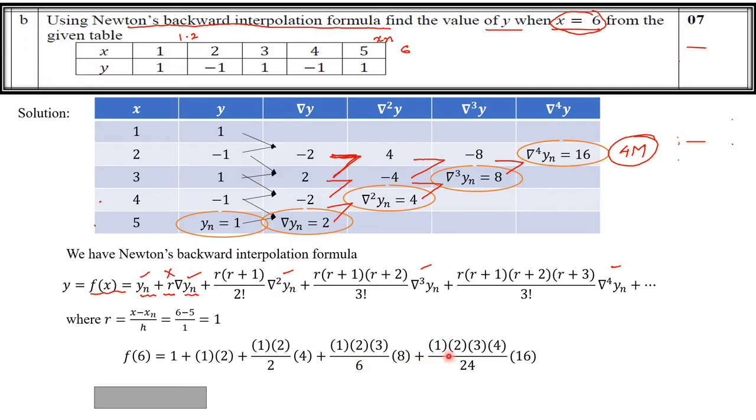Similarly 1 into 2 into 3 into 4 divided by 4 factorial, which is 24, into 16. Simplifying this, we get f of x equal to 31. This is the final answer.